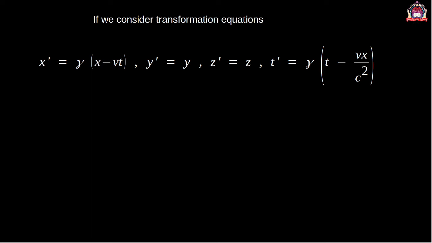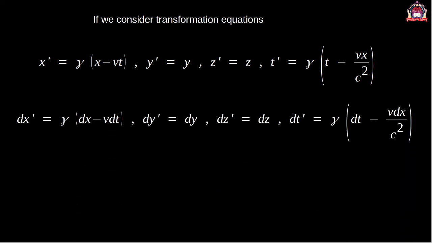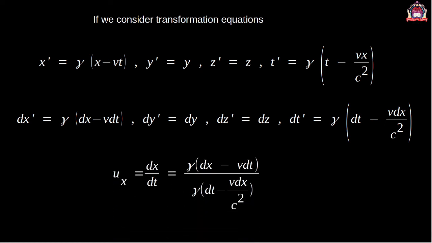Then taking the differentiation, dx dash is equal to gamma into (dx minus v dt), dy dash is equal to dy, dz dash is equal to dz, dt dash is equal to gamma into (dt minus v dx by c square). By substituting these values, ux dash is equal to dx dash by dt dash, which equals gamma into (dx minus v dt) whole divided by gamma into (dt minus v dx by c square).